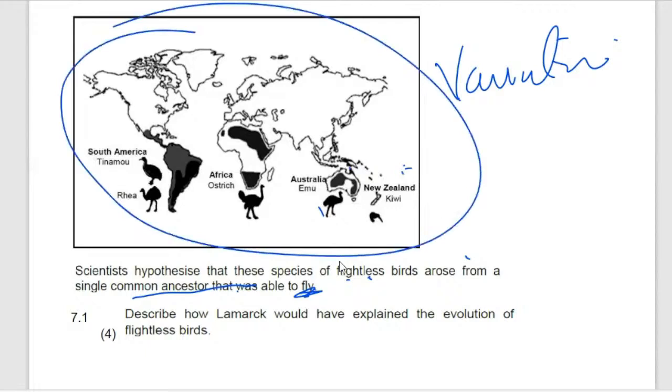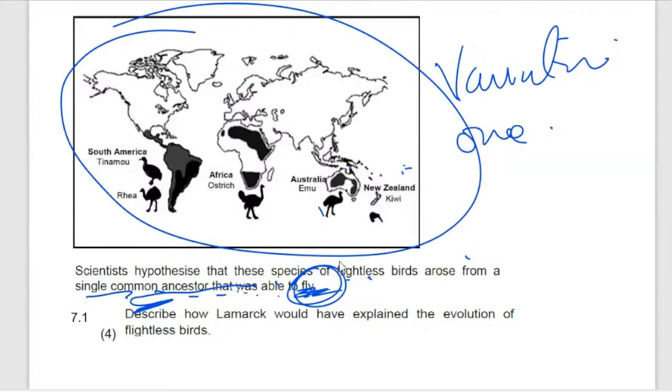Now, if they bring the same question and you don't know whether you are going to explain speciation or what, here they'll ask you how these species formed. Now you are talking about speciation. There was one population of flying birds with a single common ancestor that were able to fly. Now we are describing speciation.